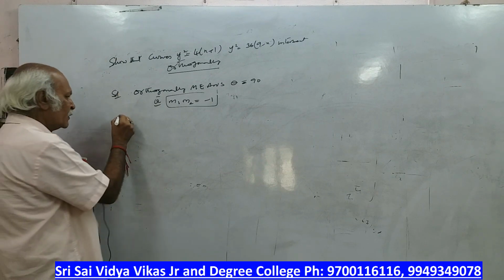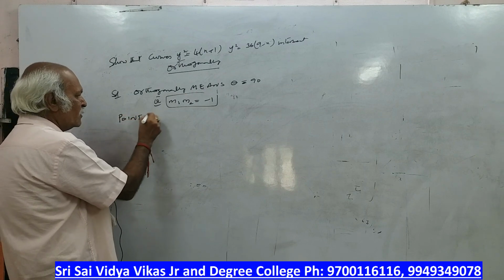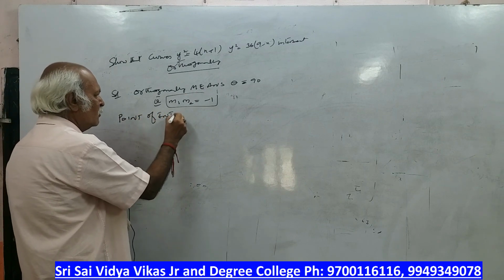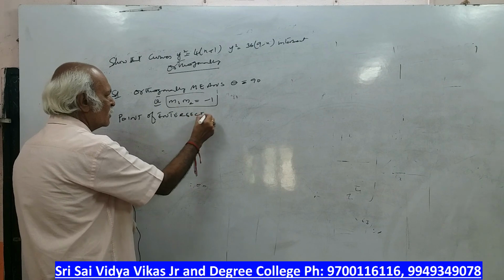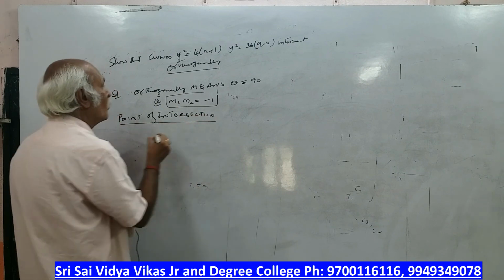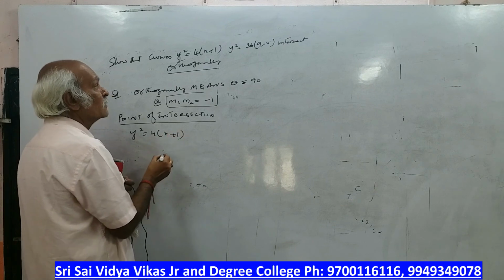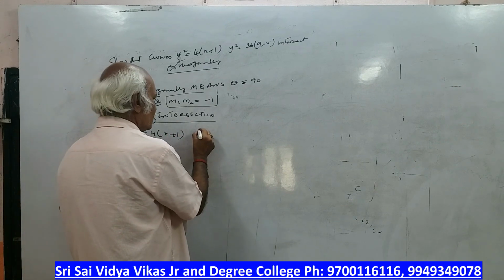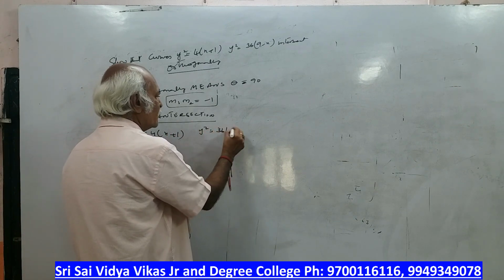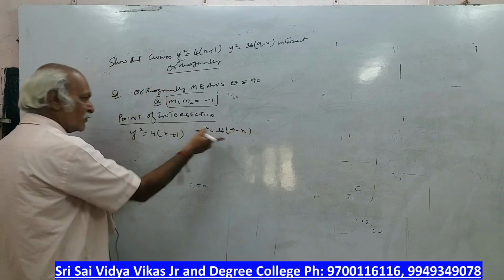So again, understood here, point of intersection. Same method, only the last statement changes. Okay, so y square is equal to 4 into x plus 1, and y square is equal to 36 into 9 minus x. Both are y square only.